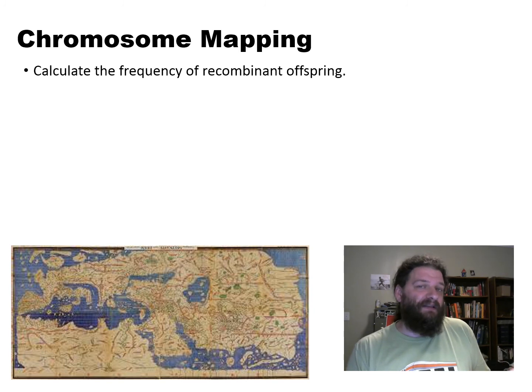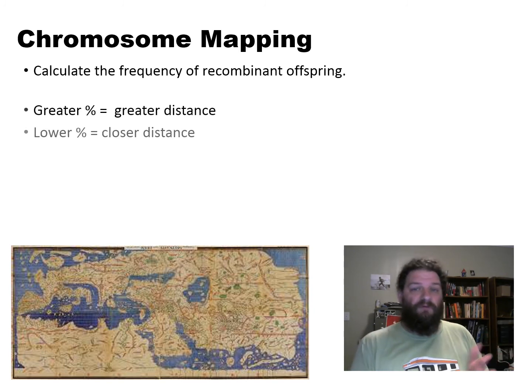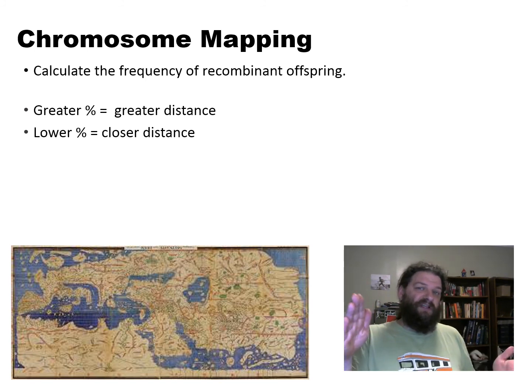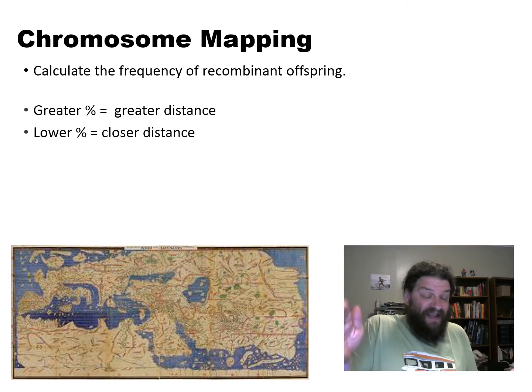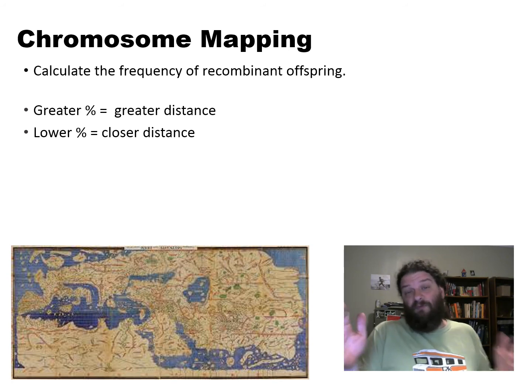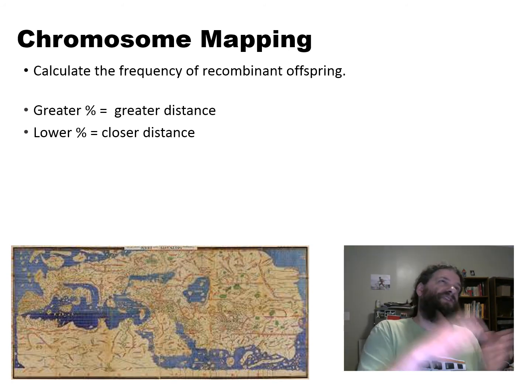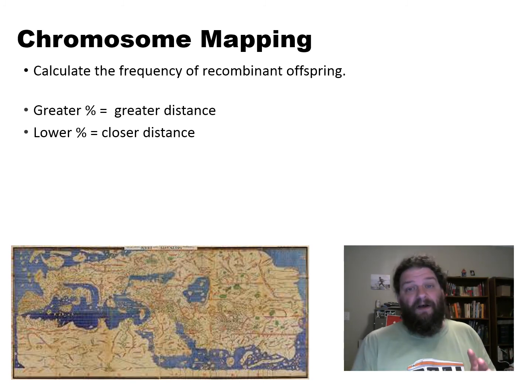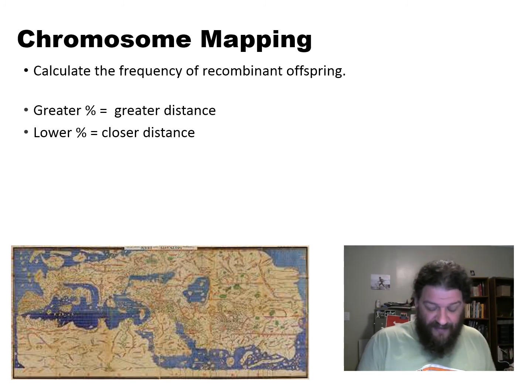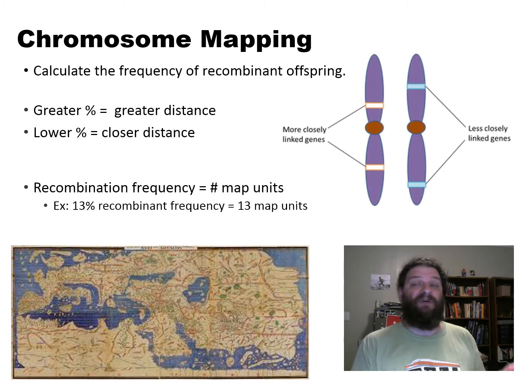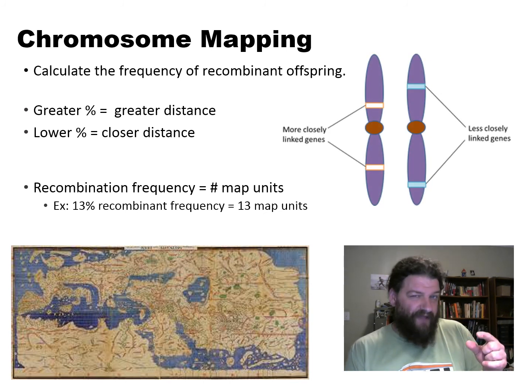Well, it turns out that the higher the percentage of crossing over, the further apart those two genes are. The bigger the chances that there's going to be some crossing over event that takes place in between the two of them. It also includes distance from the centromere, but with this idea, we can start to build a map of how close together different linked genes are.